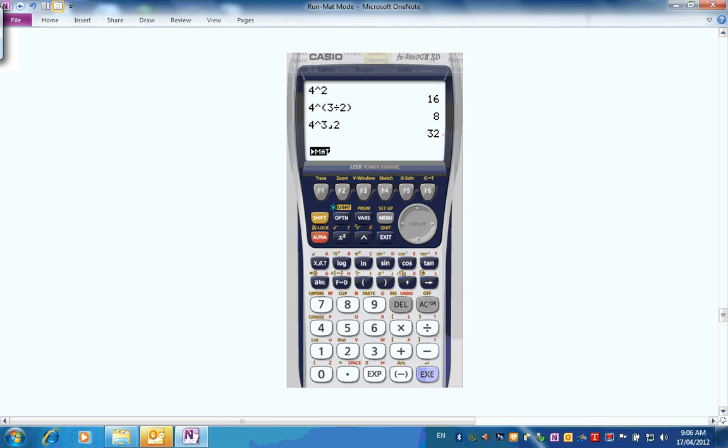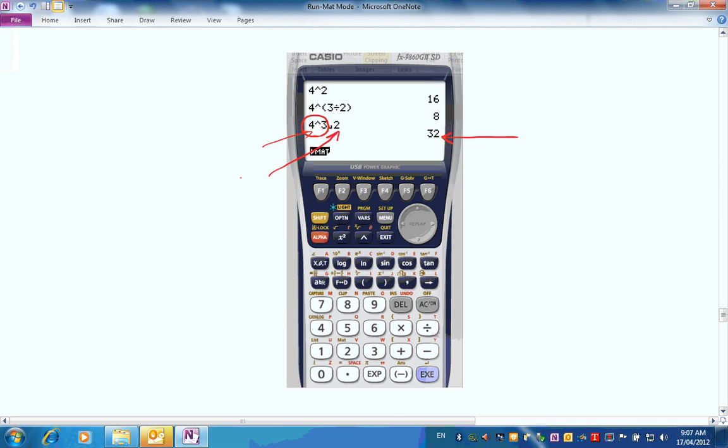Uh-oh, we're in trouble here. We know that that's not the answer. So what has the calculator actually done? Can you see what has happened? Looking up here, it's probably quite clear that in linear mode, if you don't bracket, then the calculator says 4 raised to the 3 and then divides it all by 2 afterwards, which is not what we meant.